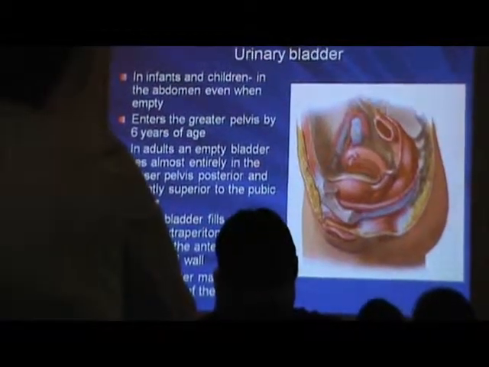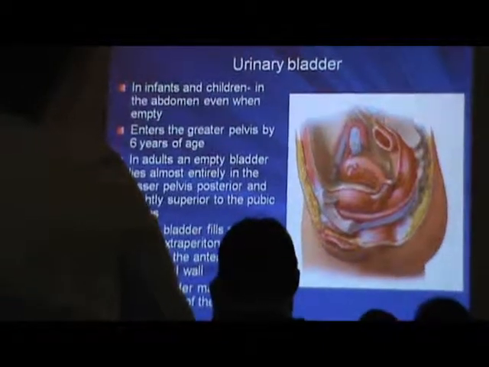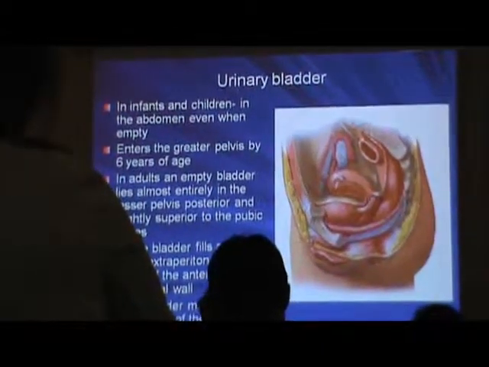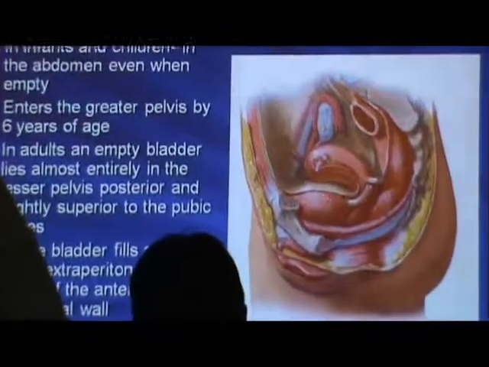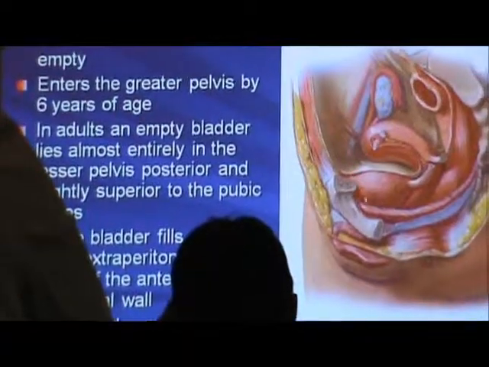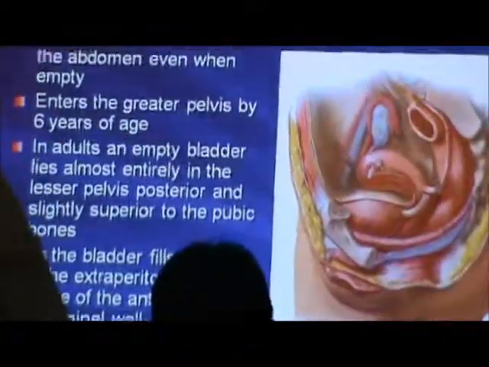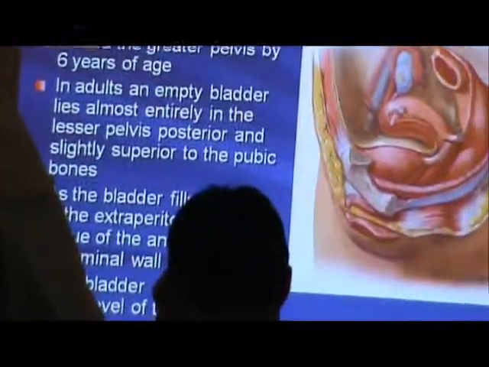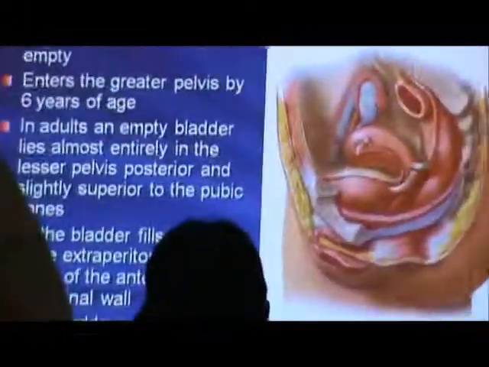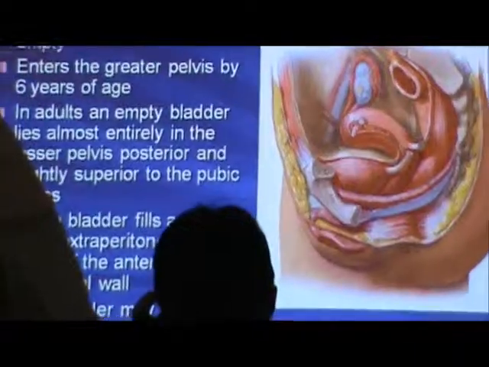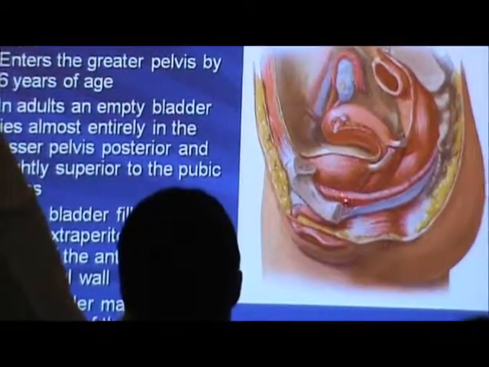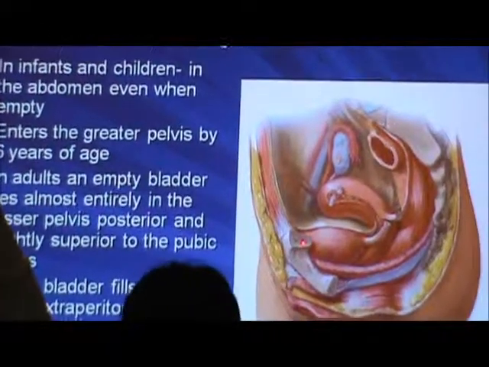In infants and children, the urinary bladder is located in the abdomen even when it's empty, and enters the greater pelvis by 6 years of age. In adults, an empty bladder lies almost entirely in the lesser pelvis, posterior and slightly superior to the pubic bones.